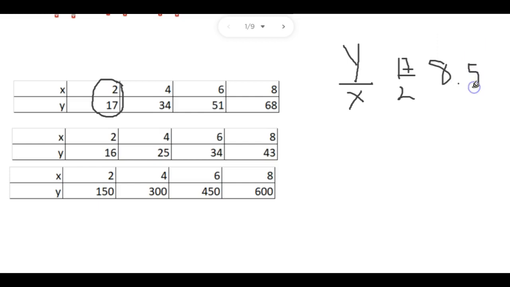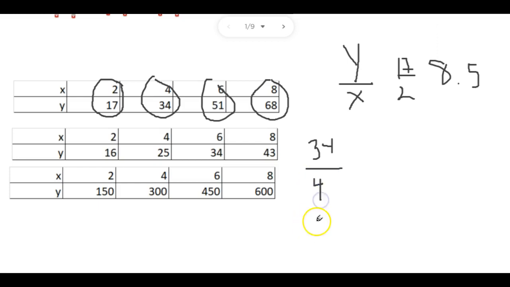Now I can't stop there. I need to check the remaining points. Yes, I refer to them as points because these are also coordinates. So I'm going to also do 34 over 4, 51 over 6, and then 68 over 8.